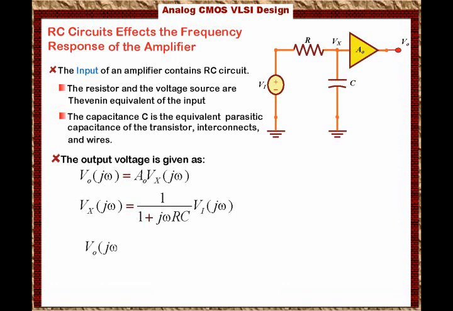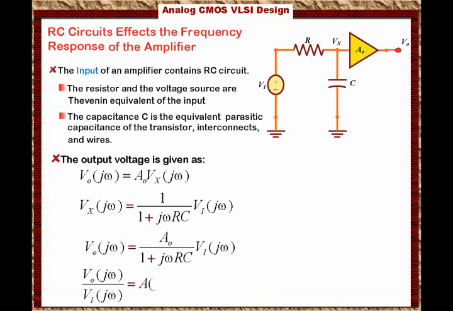Then Vout of j omega will equal A0 over 1 plus j omega RC times Vi of j omega, or we can say that the output over the input, or the gain of the overall amplifier, Vout of j omega over Vi of j omega, will equal A of j omega. This is the overall gain of the amplifier for this circuit, and that will equal A0 over 1 plus j omega RC.